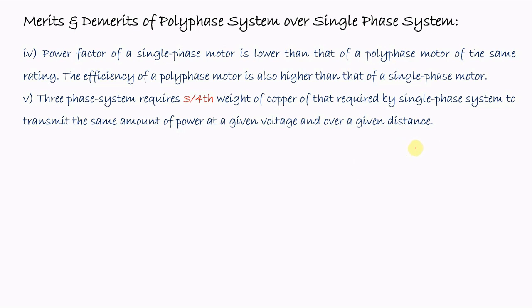If we use the single phase system to transmit the power, then the requirement of the copper conductor will be more compared to the three phase systems. That means if we use the three phase systems, then the weight of the copper will be only 3/4 of the weight of the copper that will be required for the single phase system.